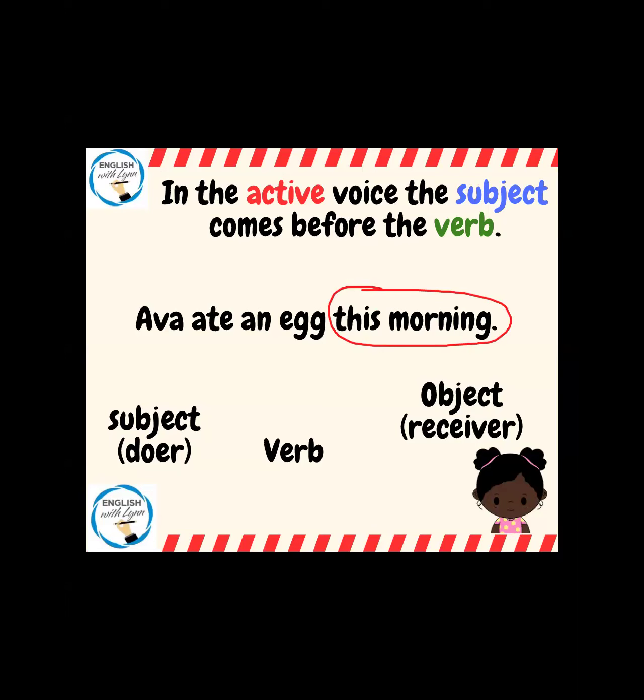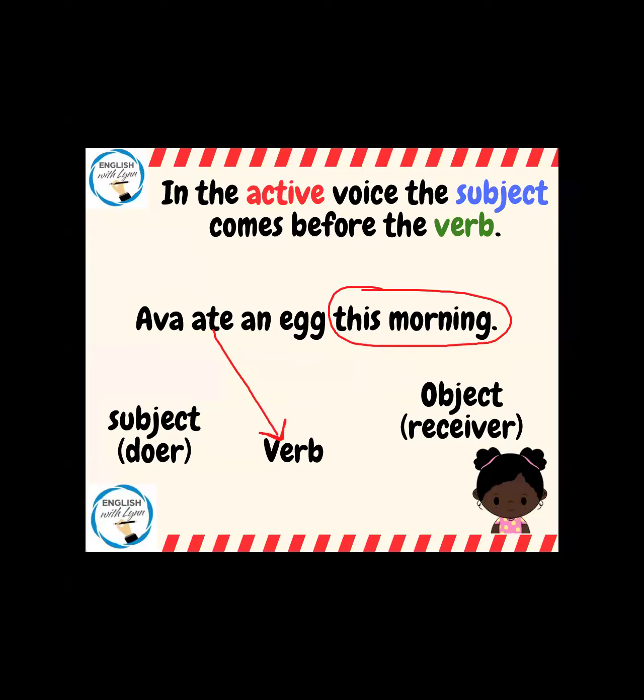Because I am using the verb ate, I know that again it is the past simple sentence. If I said Ava was eating an egg, that is the past progressive. If I said Ava eats an egg, that would be present simple. So if you change the verb, you are just changing the tense of the sentence.